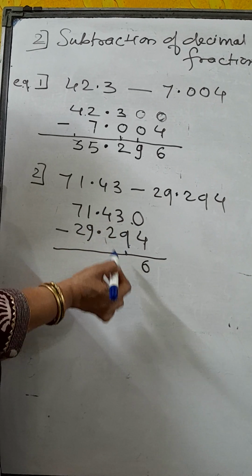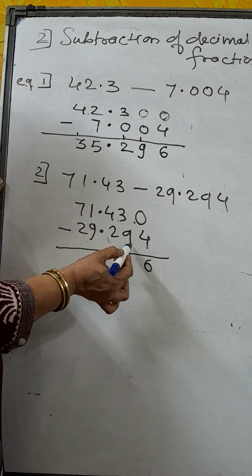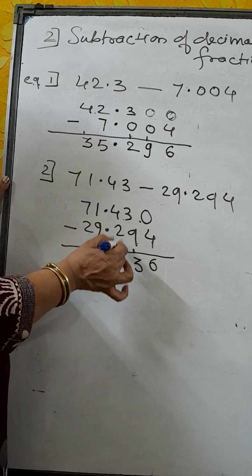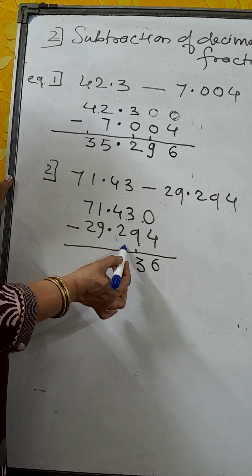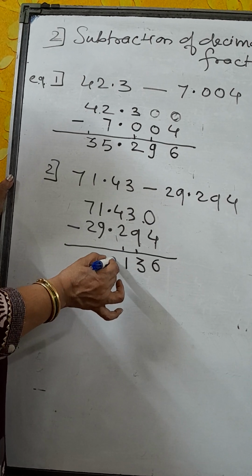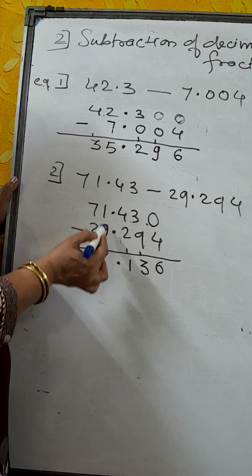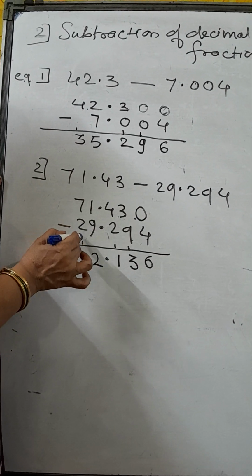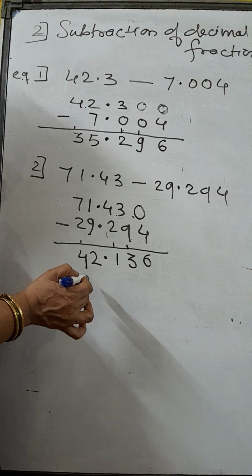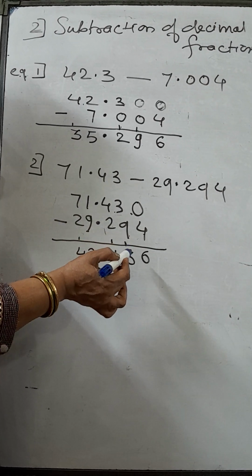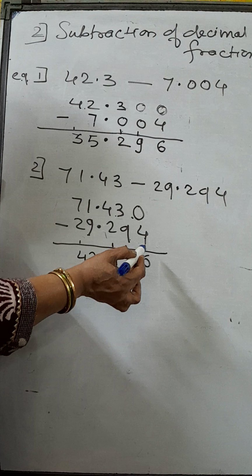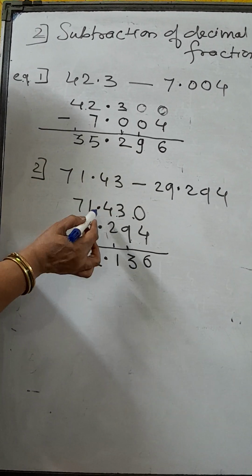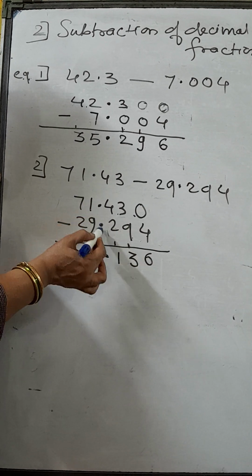From 3, 10 we cannot cut, so 13, 13 minus 10 is 3, 1 carry. From 4 we cut 2 plus 1, 3, 1 remains. From 11, 9 you cut, 2. 7 minus 3, 4. This subtraction you can do regularly in your own way, but what is my aim? My aim is that you avoid mistakes in writing decimals.